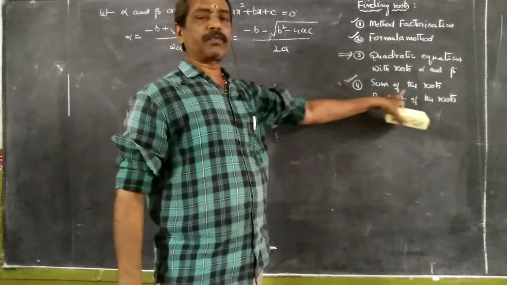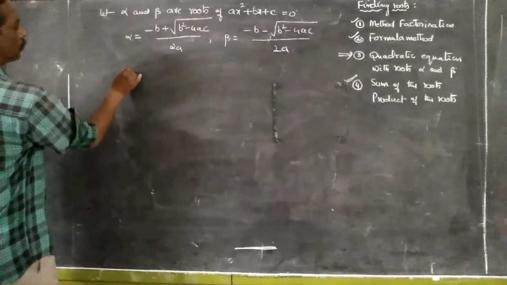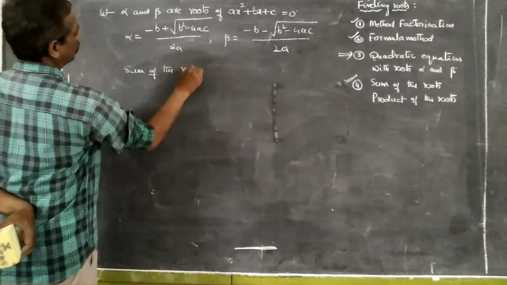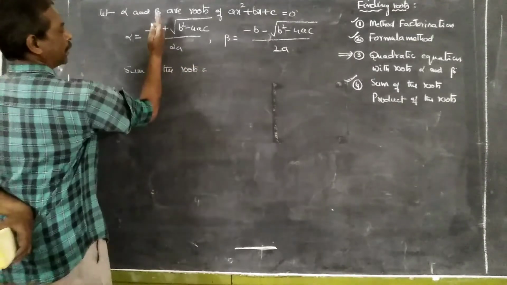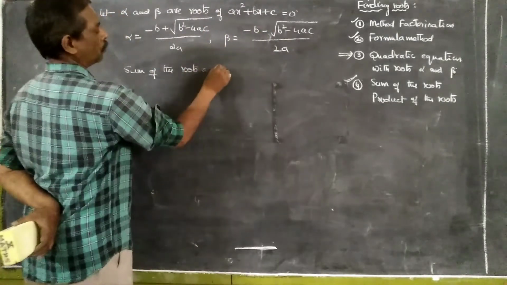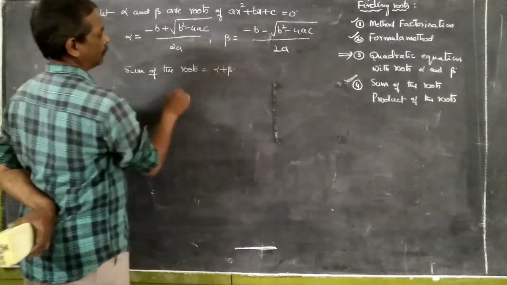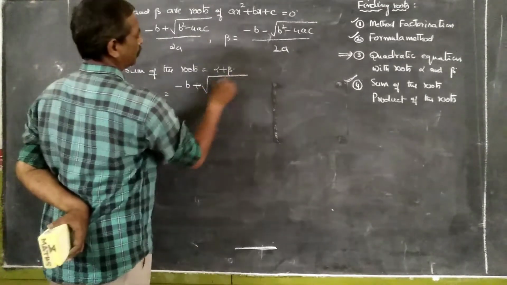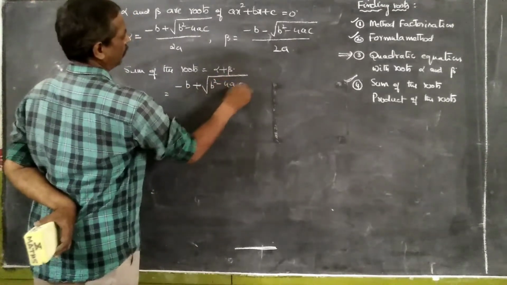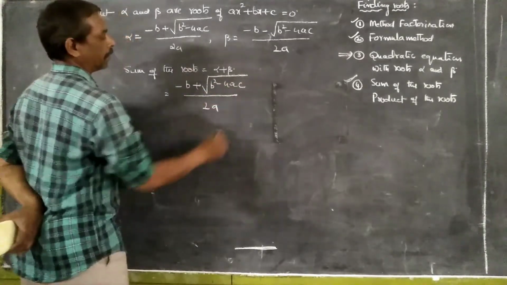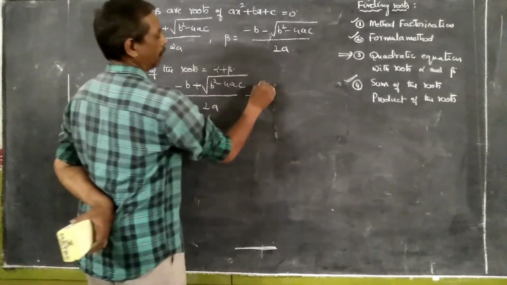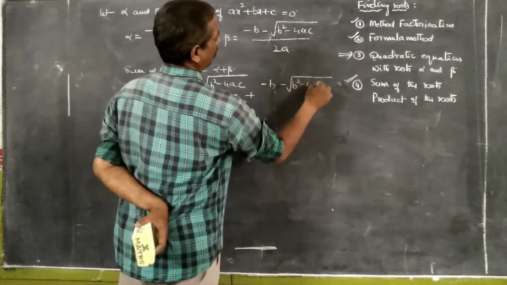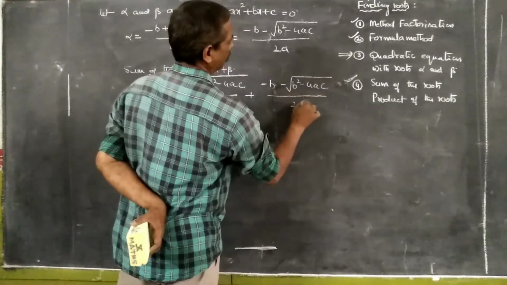Now the sum of the roots. That means we need to add alpha and beta. So alpha plus beta: (−b + √(b² − 4ac)) / 2a plus (−b − √(b² − 4ac)) / 2a.